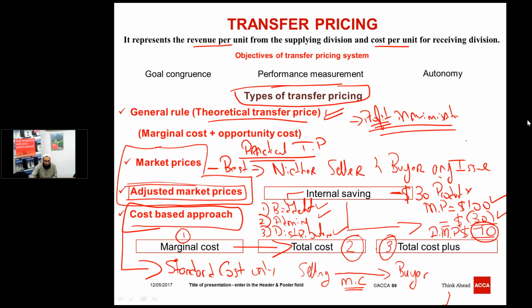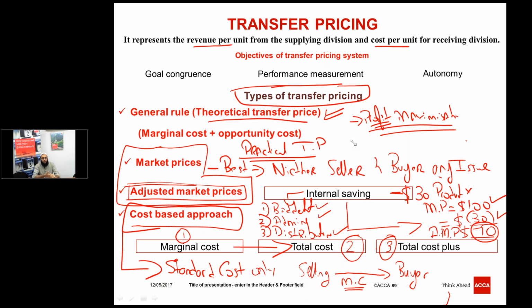Quick answers please. Yes, it will be able to cover its fixed cost along with variable. So it still seems to be a better option. I'm not saying this is the best option, but yes, it seems to be a better option compared to variable cost or marginal cost. But again, the seller will have no profit. The seller will earn nothing.